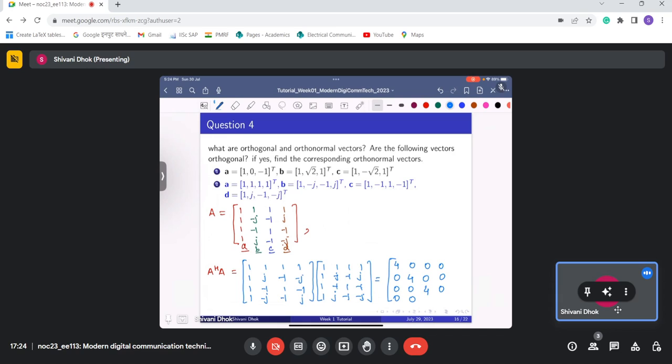And again this is 0 and the last thing is 4. Okay. So now if you observe here, it is diagonal, so it is orthogonal, and we have these 4, 4, 4, 4 here.